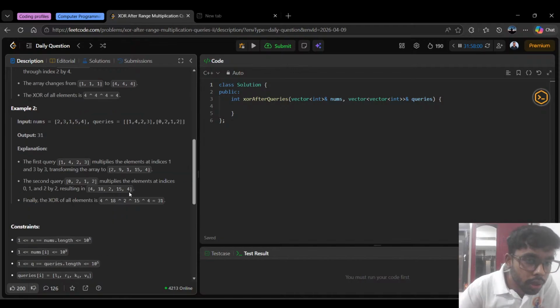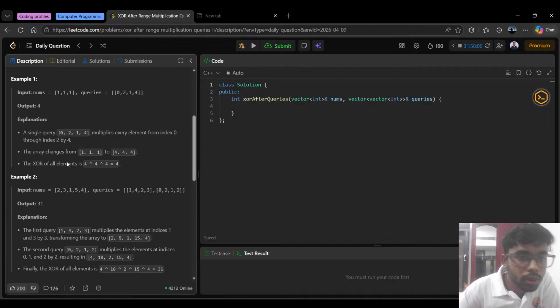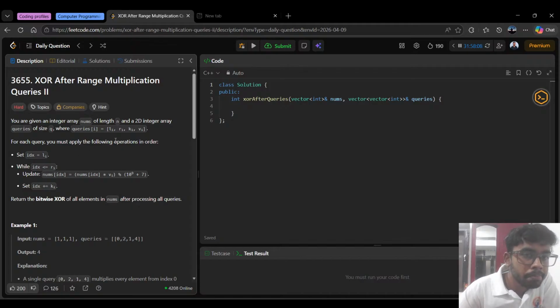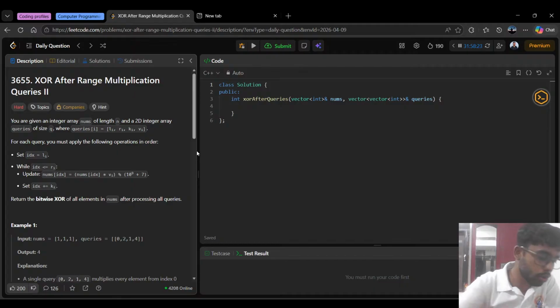Yesterday's and today's constraints are the same. So let's first do it using brute force, and then we will think about the optimized solution.